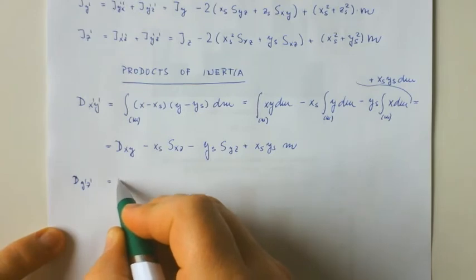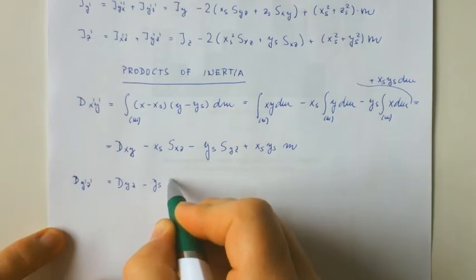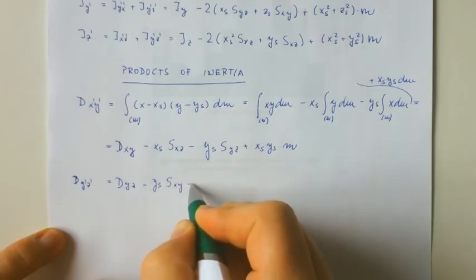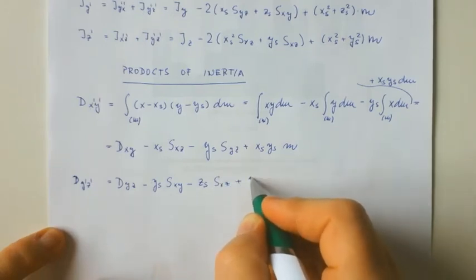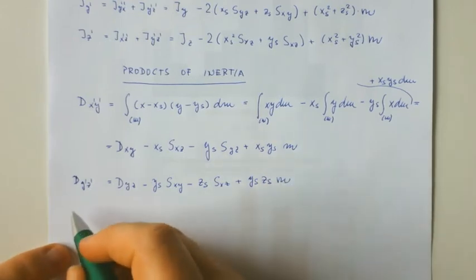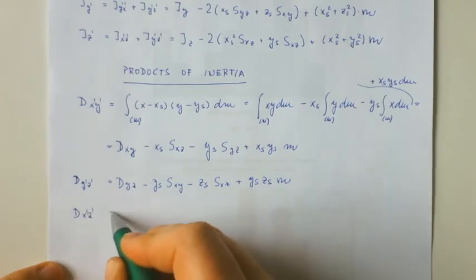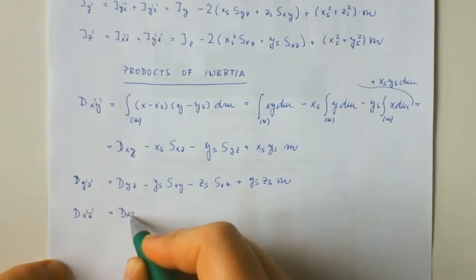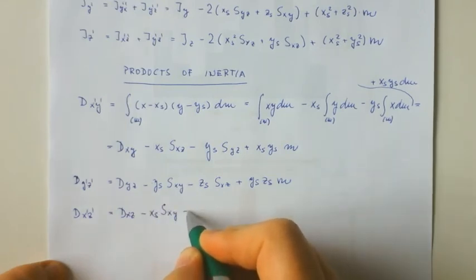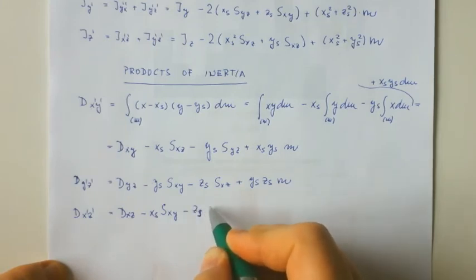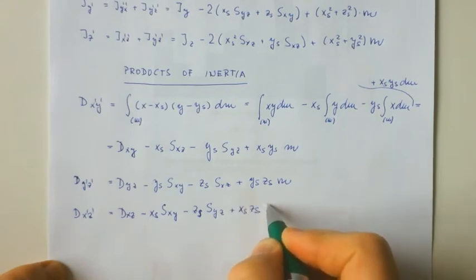It is Dyz minus ys Sxy minus zs Sxz plus ys zs m, and finally Dxz is Dxz minus xs Sxy minus zs Syz plus xs zs by m.